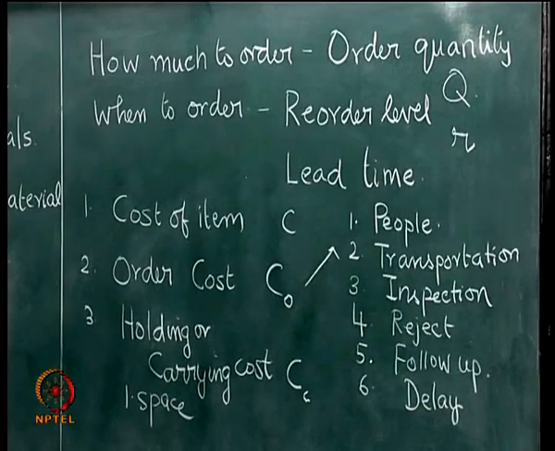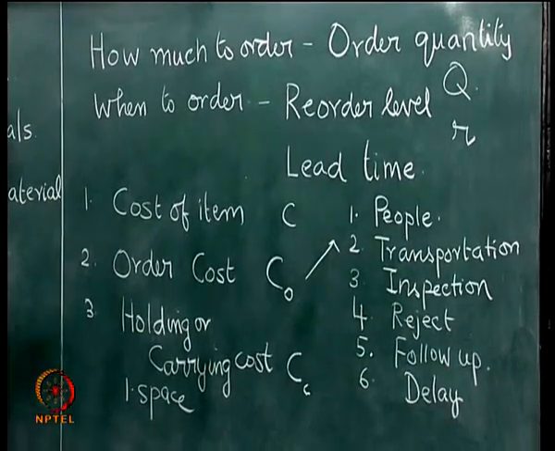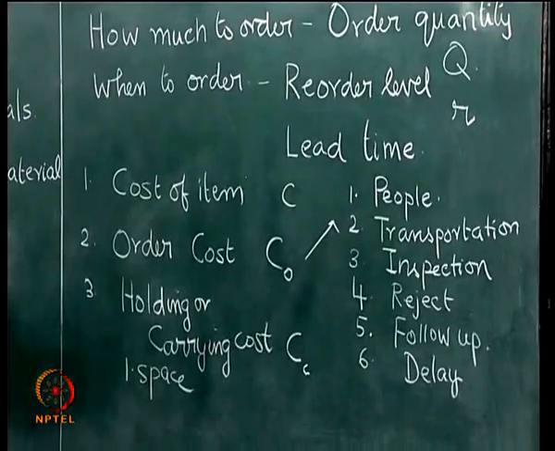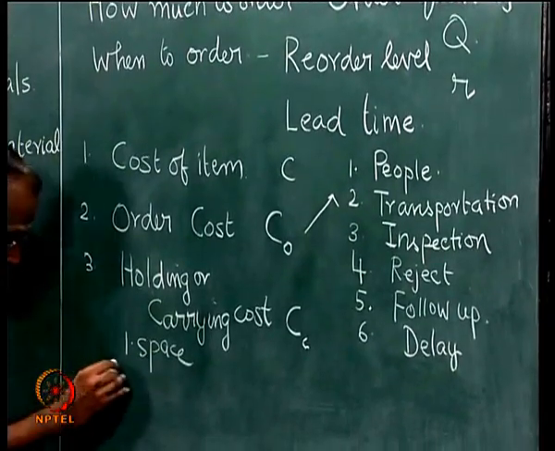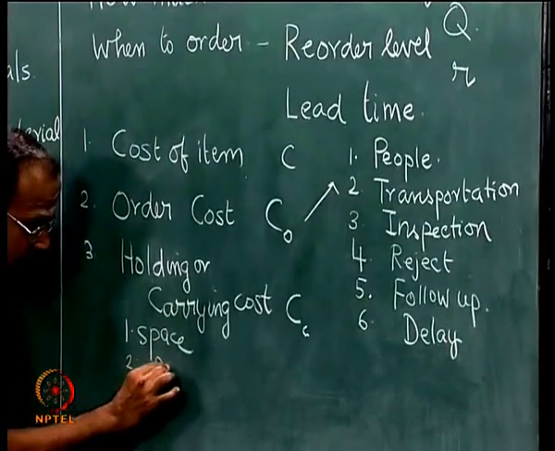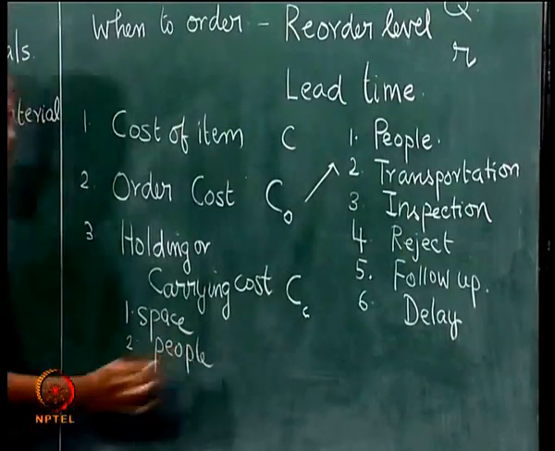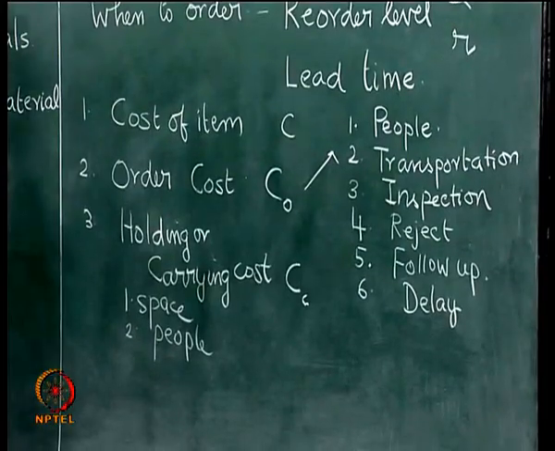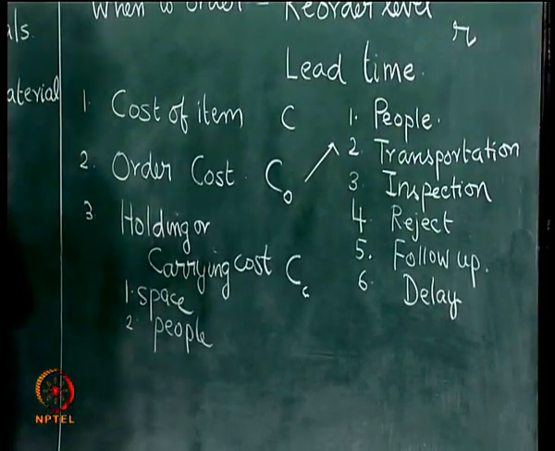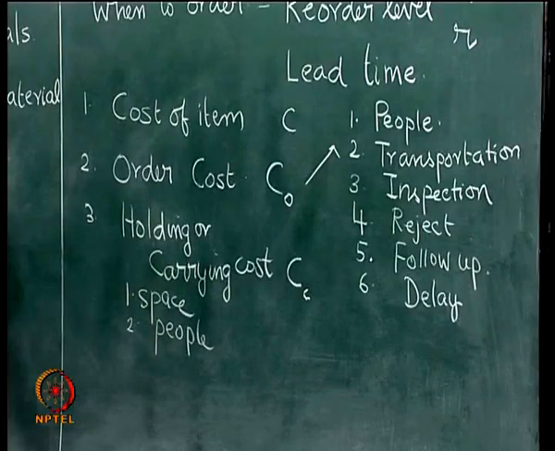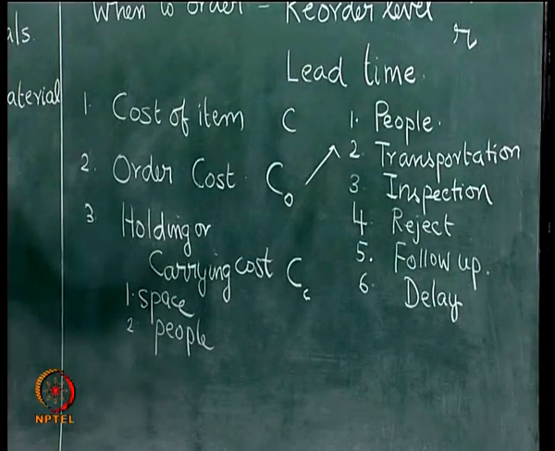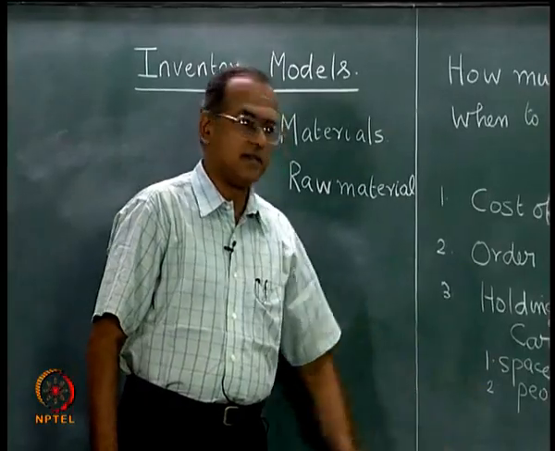They have to be kept in some warehouse or storage area, stored and kept safe and secure. And the moment we want safety and security, we need people who will guard these items from theft. So, the salary of the people who are associated with storing the inventory is another component.